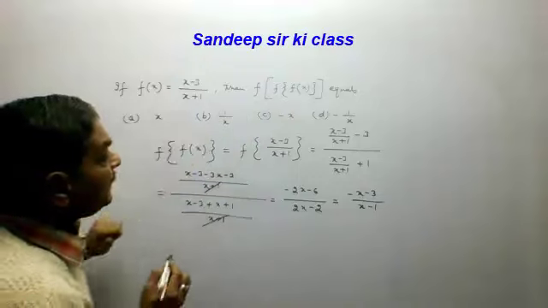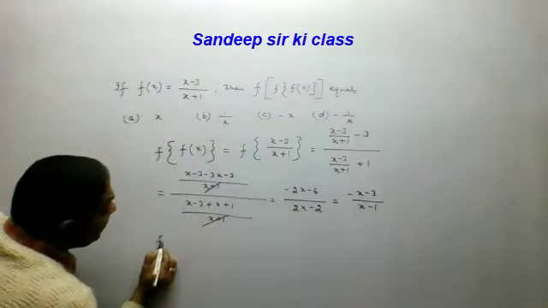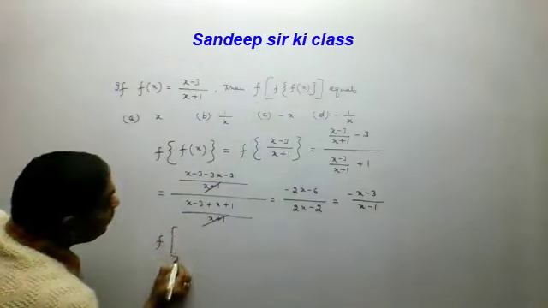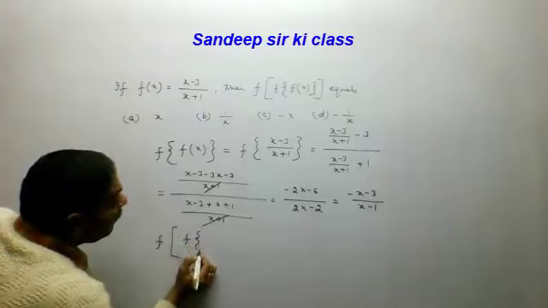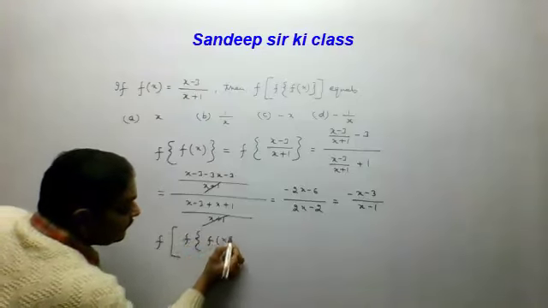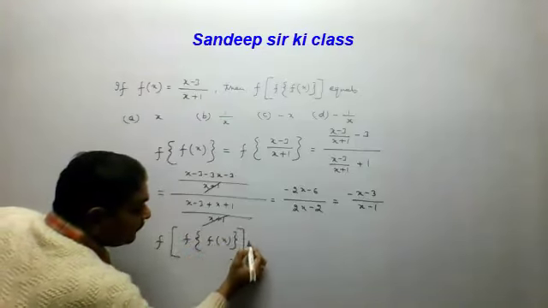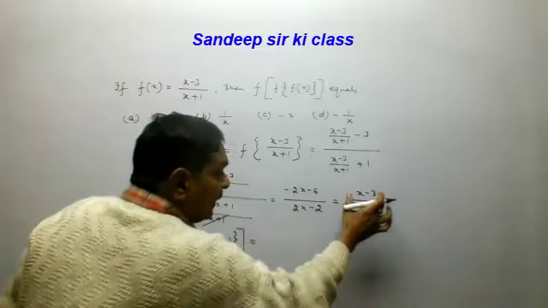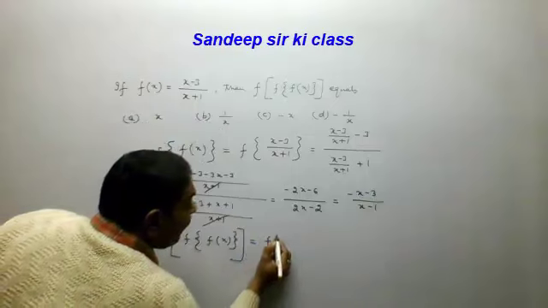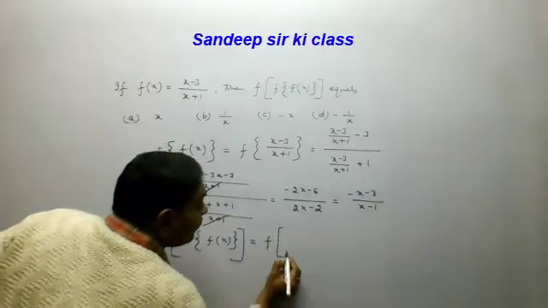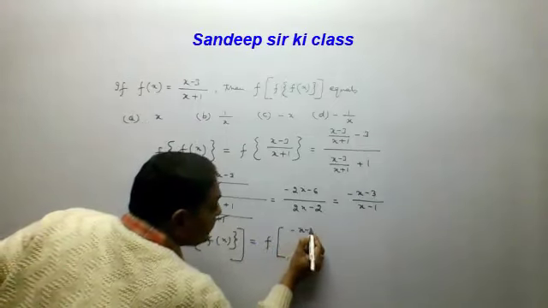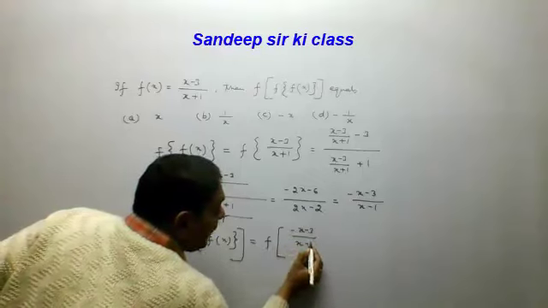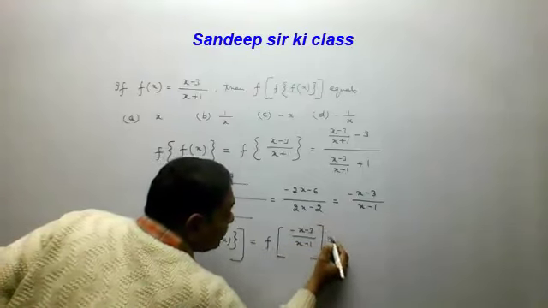Now to calculate this, we write f of f of x. In place of this, I am to write this value. So this will be f of minus x minus 3 upon x minus 1.